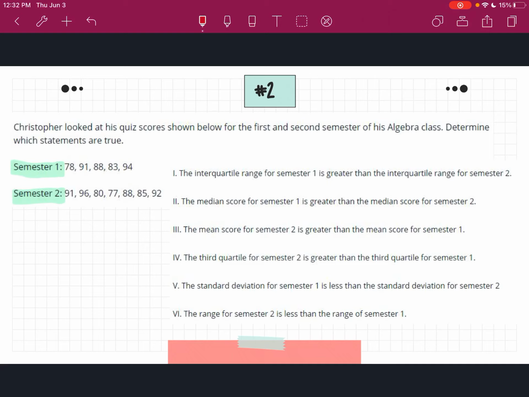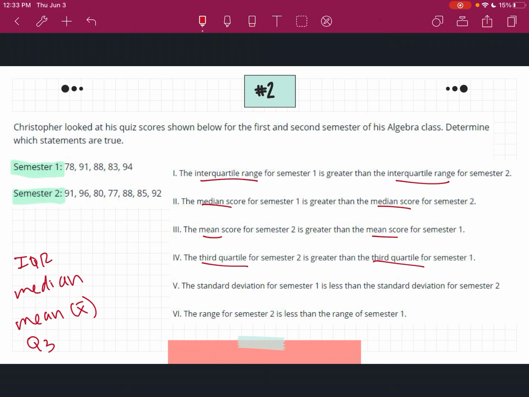So option 1, the IQR for 1 is greater than the IQR for 2, so we're going to need to know the IQR. The median score for 1 is greater than the median score for 2, so we need to know the medians. The mean score for 2 is greater than the mean score for 1, so we need to know the mean. Remember, that's also represented by x bar. The third quartile for 2 is greater than 1, so we need Q3 for both.